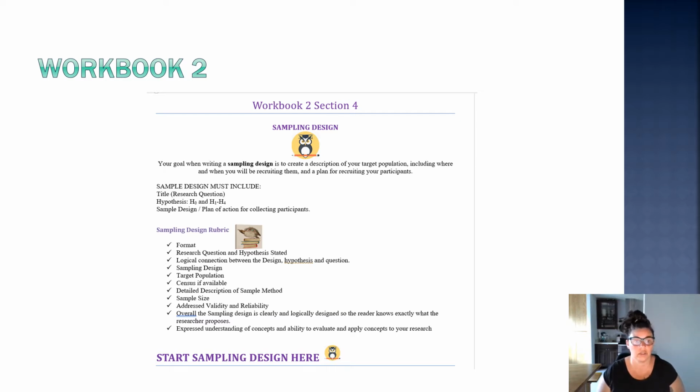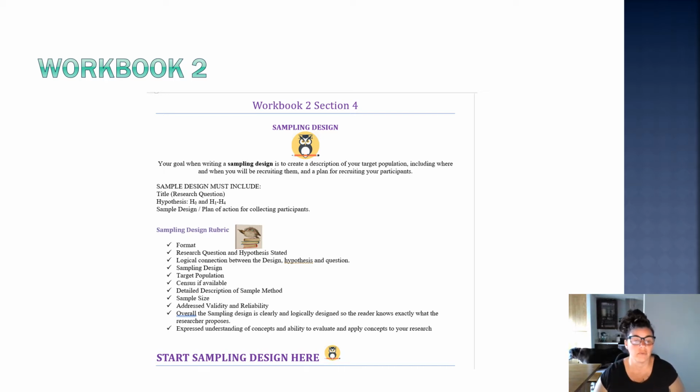It should include your research question as your title, always. Your hypothesis, make sure they're labeled properly, and then your sampling design, which is a plan of action for collecting the participants.